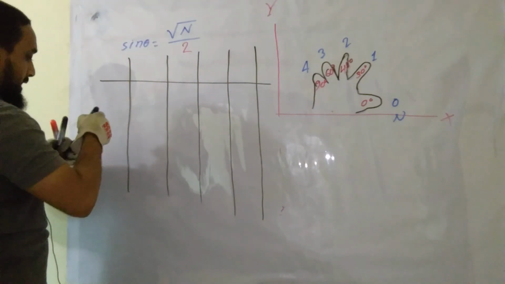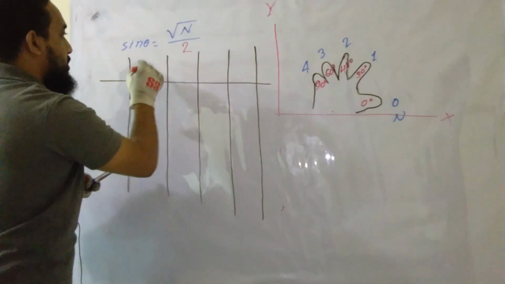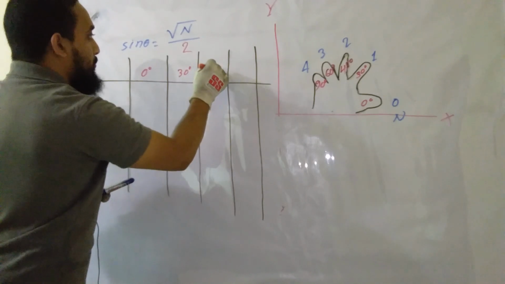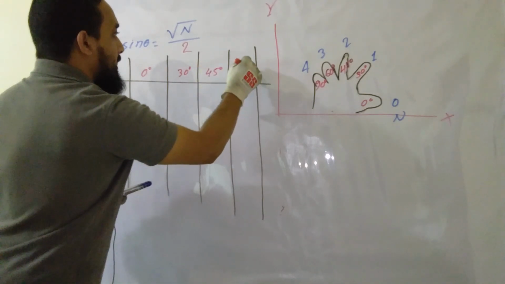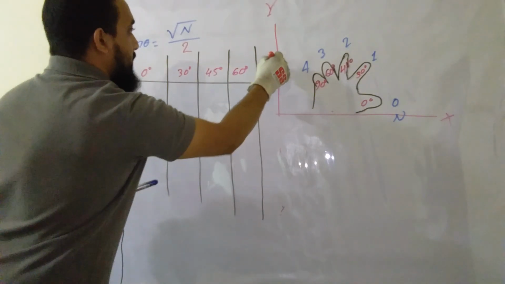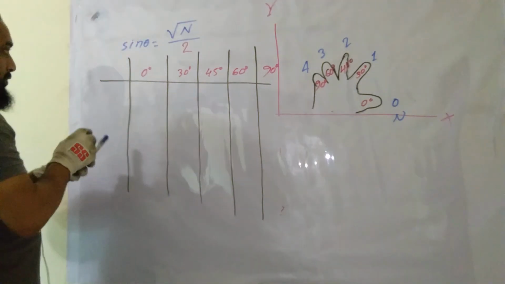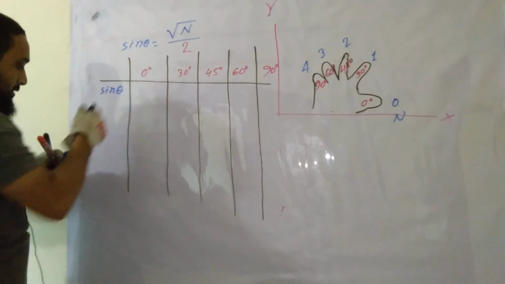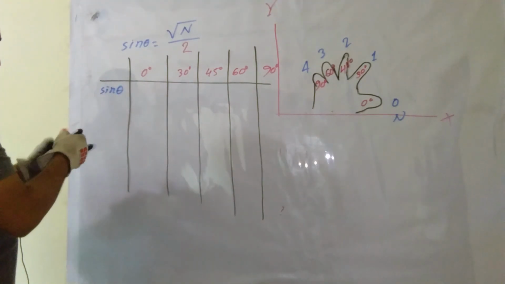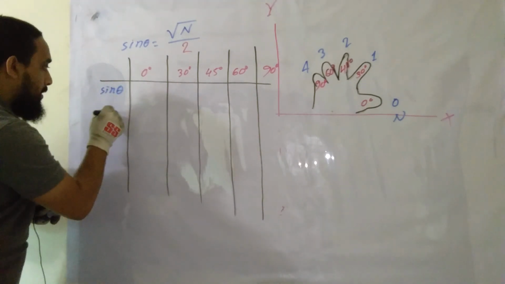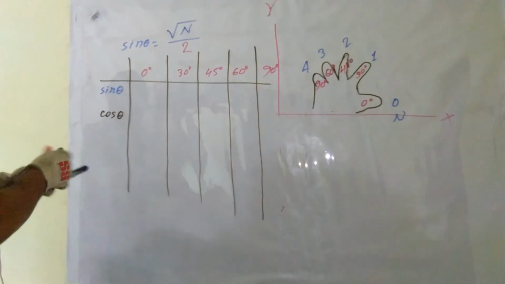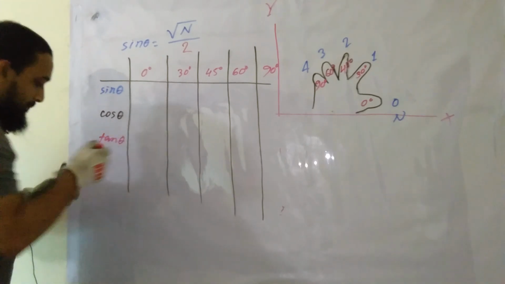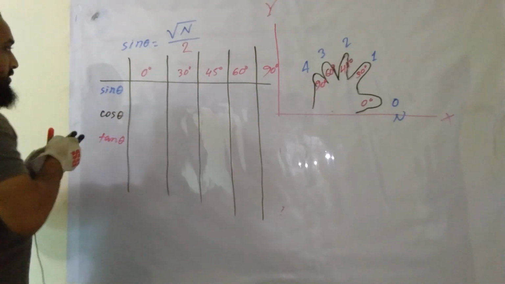So here we can write the angles that are mentioned on the figure: 0 degree, here we have 30 degree, 45 degree, 60 degree, and 90 degree. And if we write down the ratios here, it's going to be sine theta, cos theta, and the next one tan theta.